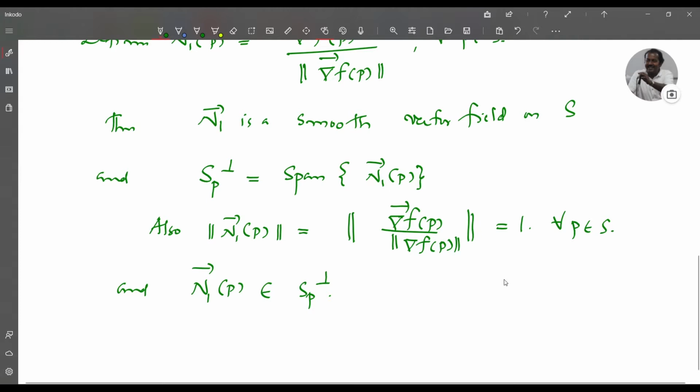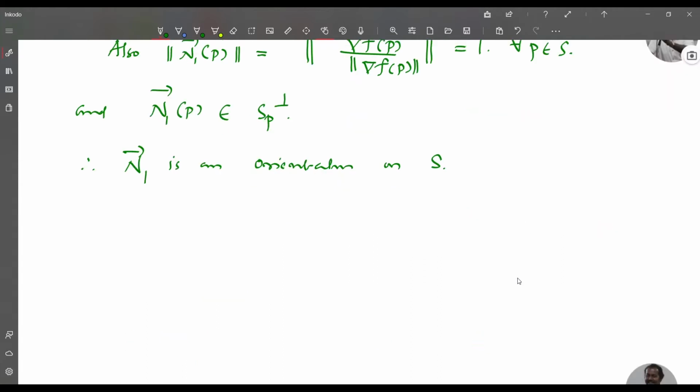Therefore, n1 is an orientation on S. Similarly, n2 of P is equal to minus del F of P divided by norm del F of P is another orientation on S.